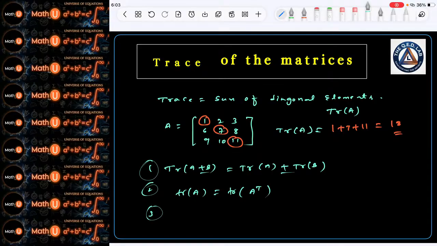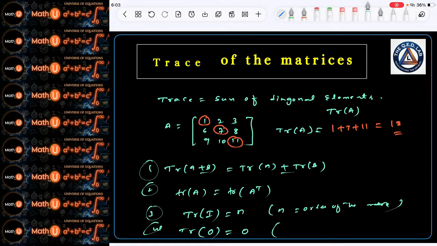And trace of the identity matrix is always equal to n, where n is the order of the matrix. And trace of any zero matrix is always equal to 0 only.